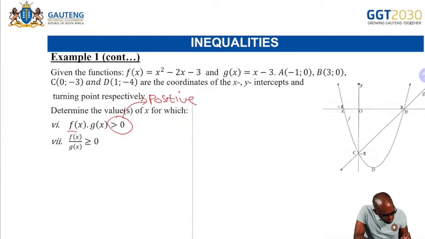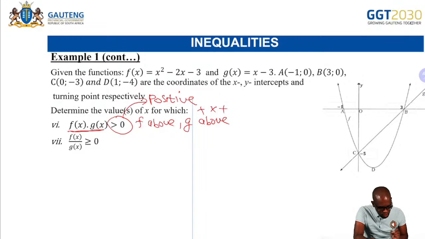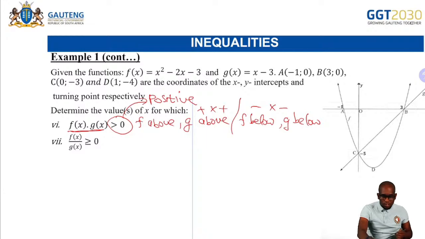So what are they looking for here? f above, g above: we are looking for two positive signs, or f below, g below: two negative signs. That's what we are looking for. To get a positive, you need two positives or two negatives multiplied together.